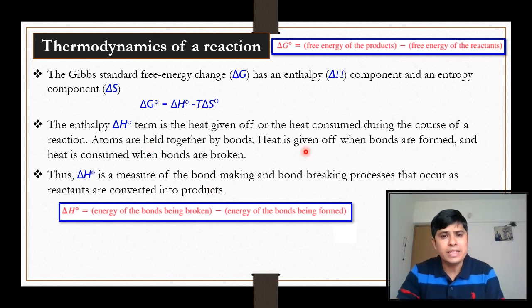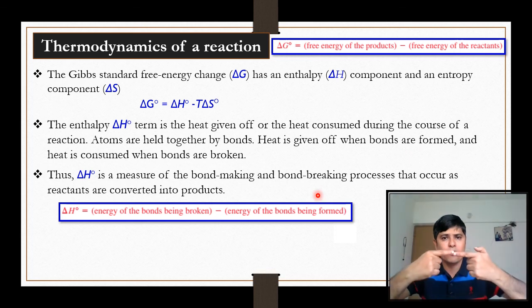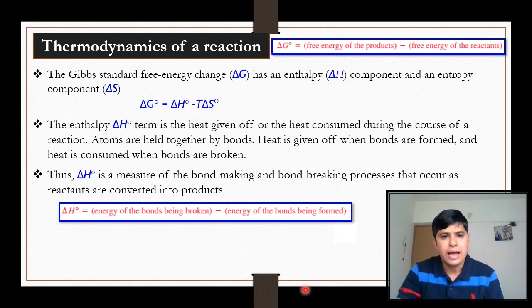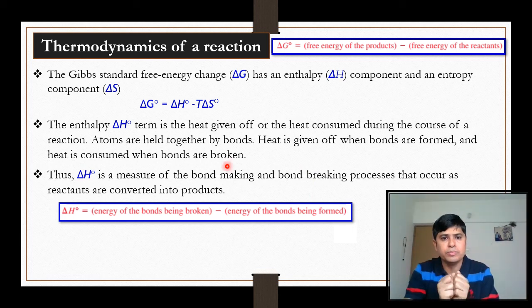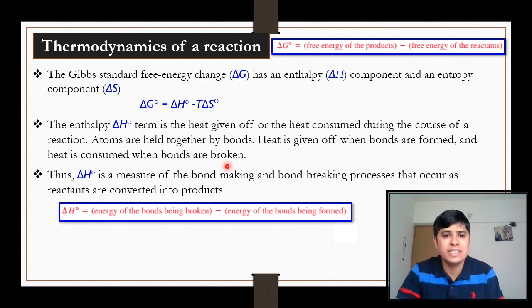So heat is given off when bonds are formed, and heat is consumed when bonds are broken. So delta H, that is enthalpy, is a measure of a bond making or bond breaking process.